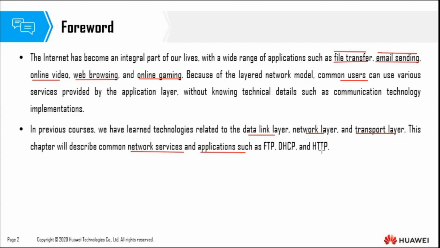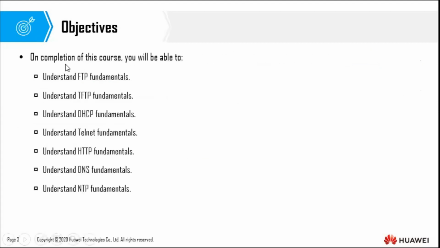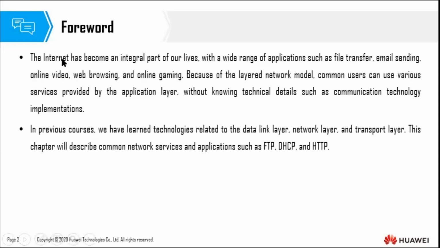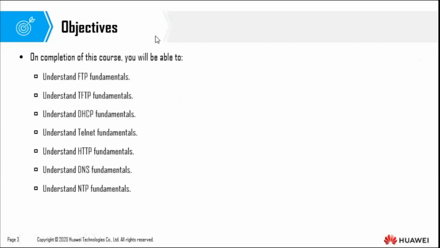By the end of this chapter, you will have an understanding of the following application layer protocols: FTP, TFTP, DHCP, Telnet, HTTP, DNS, and NTP, network time protocol.